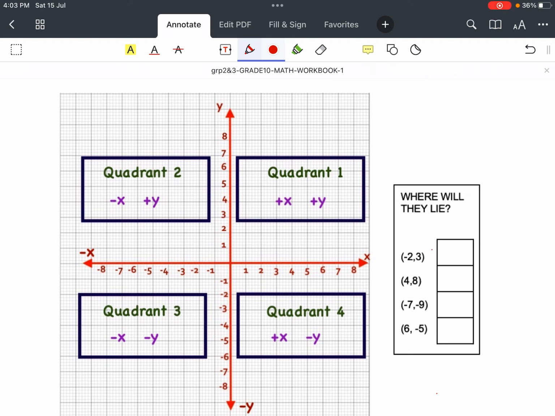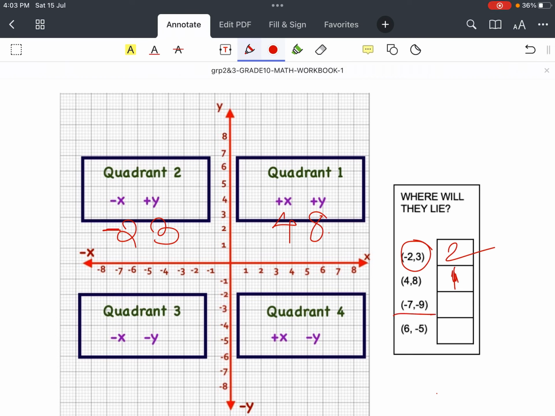ठीक है, so this is the first example, -2 3, obviously first number minus 2, so your point is -2 3 which is in the second quadrant. Next example 4 8, suppose this is a positive 4 and positive 8, so definitely this is in the first quadrant.